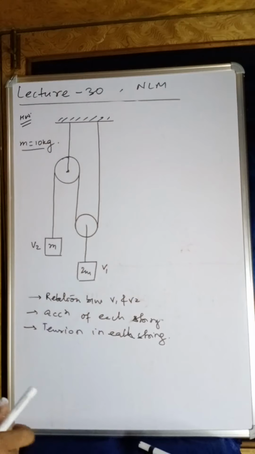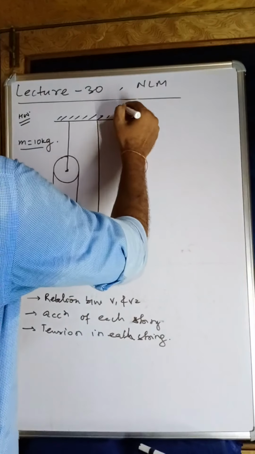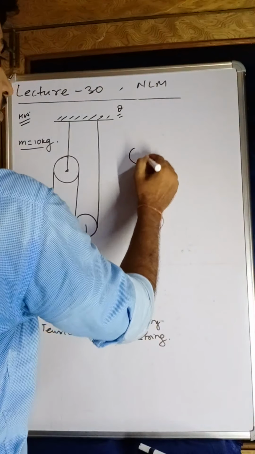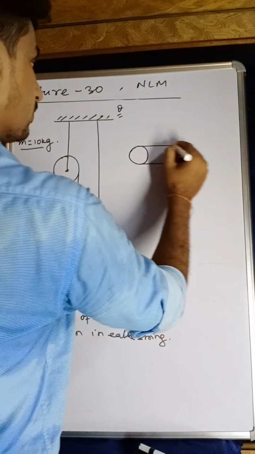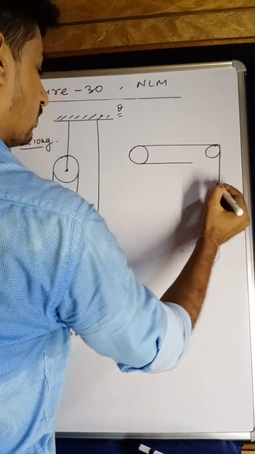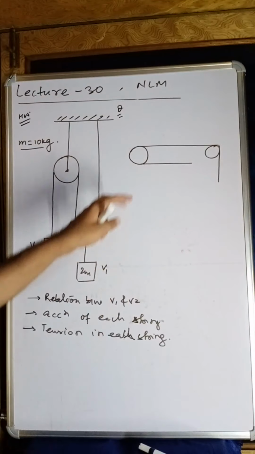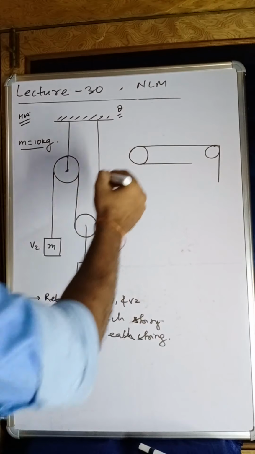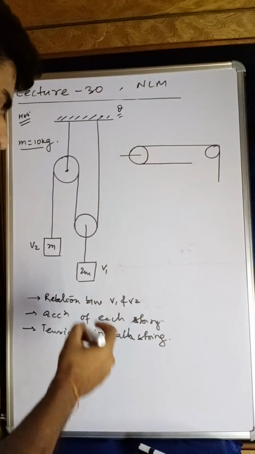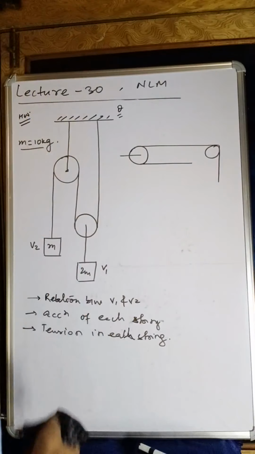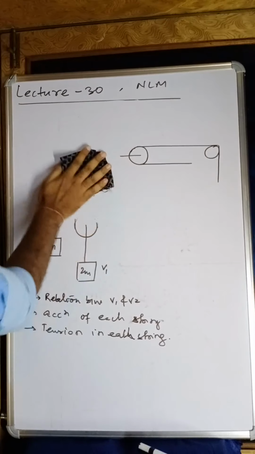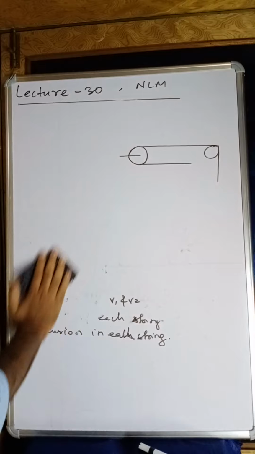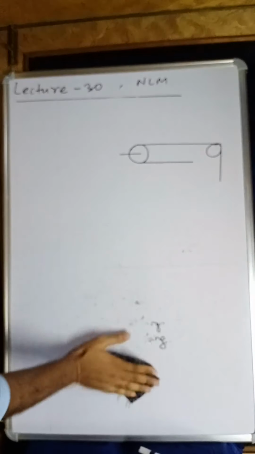It is from S.C. Verma. This string is attached with a block. A pulley is attached with a block. Let me drop this one. I hope you have noted down this homework. I don't have sufficient space, that's why I have to rub this one. Yes.